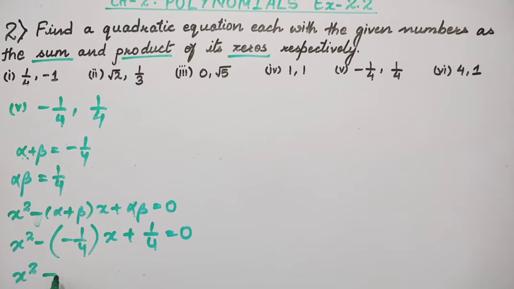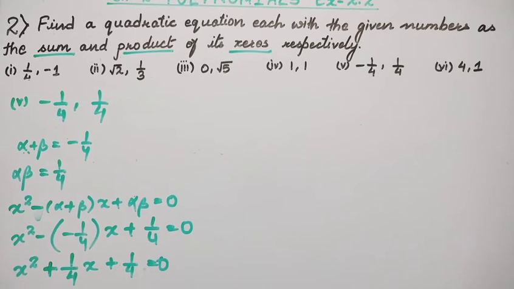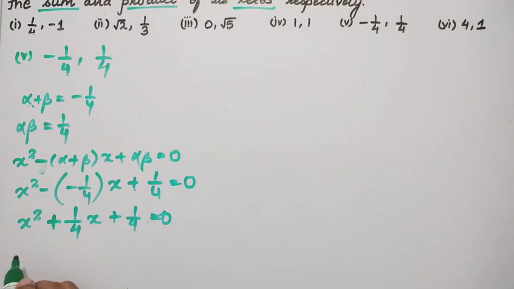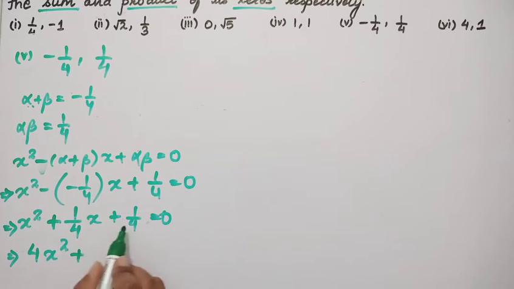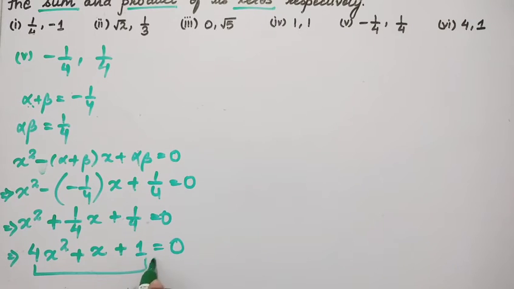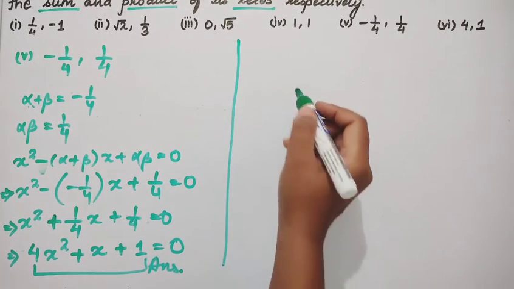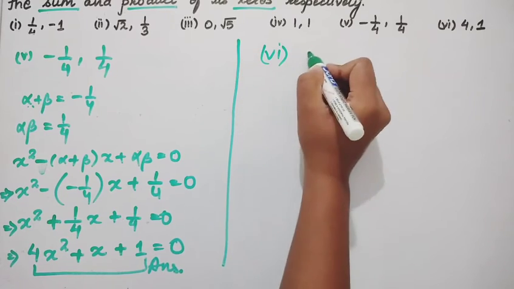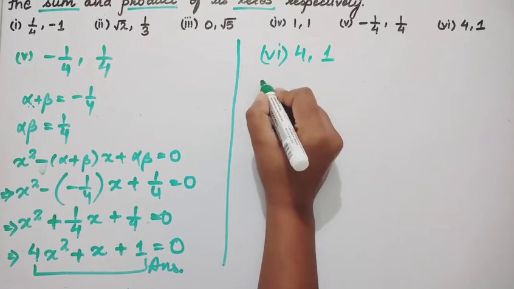Again we have minus into minus is plus, so x square plus 1/4 x plus 1/4 equals 0, and here we can write 4x square plus x plus 1 equals 0. I hope you understood how I am multiplying this with 4, and this is your answer.